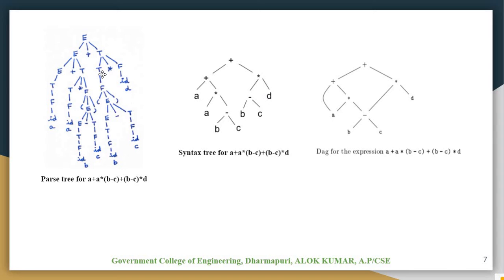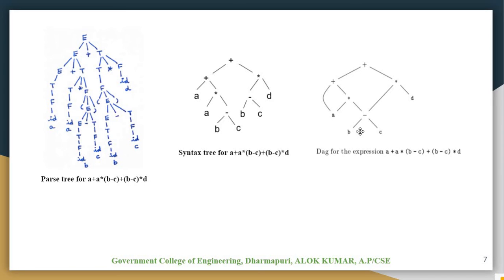Just see for this expression we can construct this parse tree, and the syntax tree like this. Whatever operators are there, we have kept at internal nodes, and operands we have kept at leaf nodes. For this one we can construct the directed acyclic graph also.